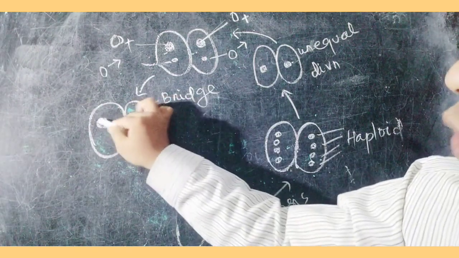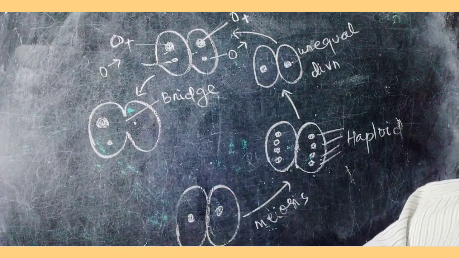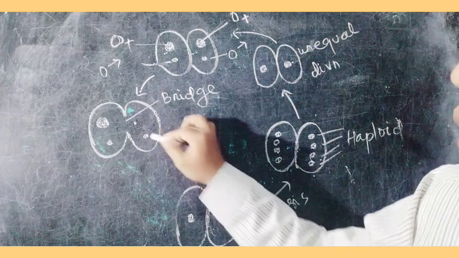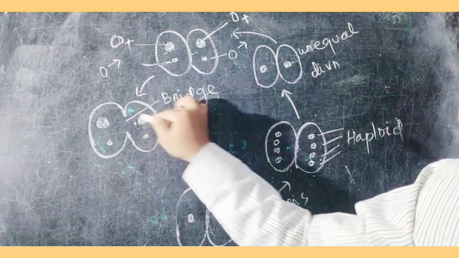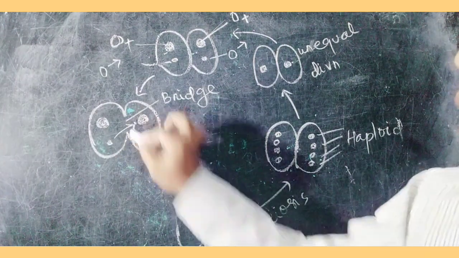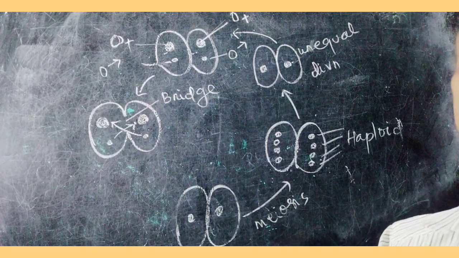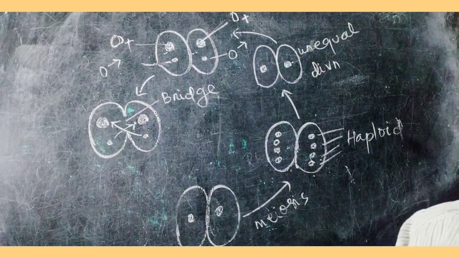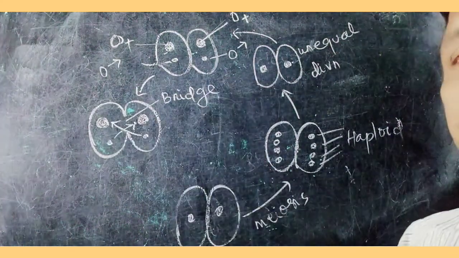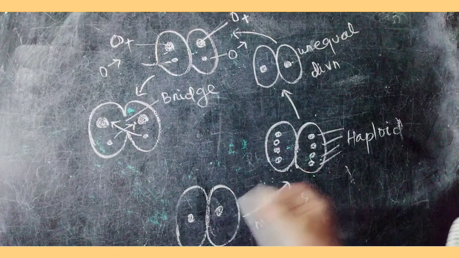One is a larger, another a small pronucleus. Here also a smaller and a larger pronucleus. The male of one fuses with the female of the other through the cytoplasmic bridge.